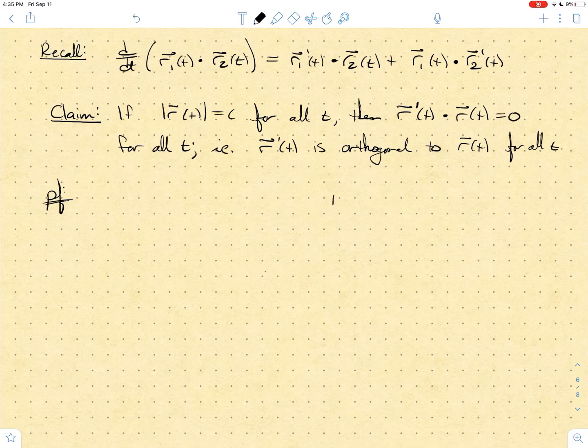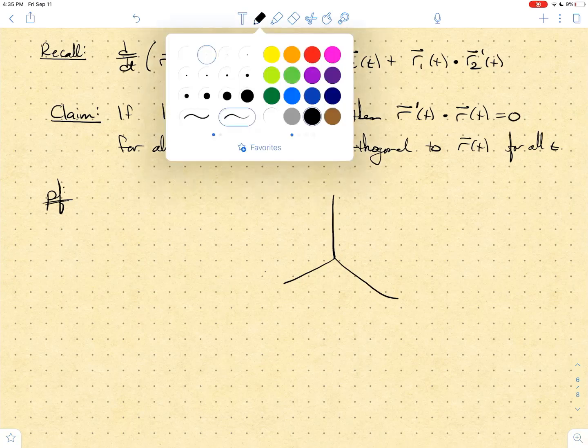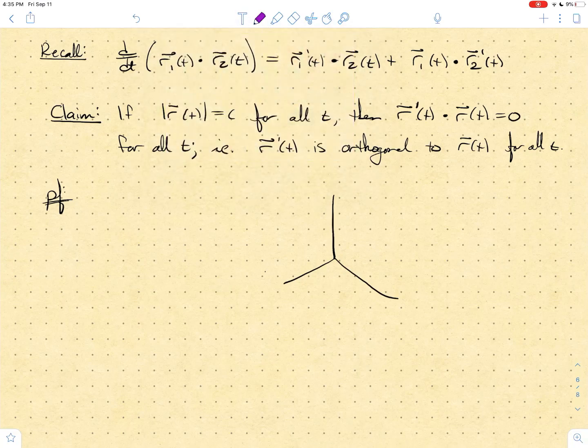So first off, we need to take a moment and interpret what this really means. The length of r of t is constant. That means that even though you can point any direction you want, any of these r of t's, wherever they go, they're always the same length. You can't have one out there like that. They're always the same length. And so you have some curve, and it's curving through space.